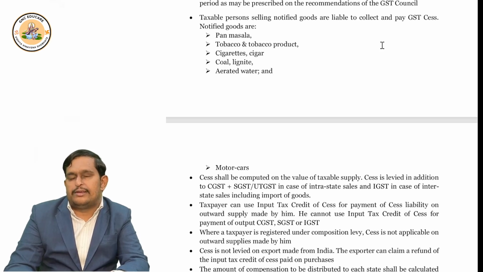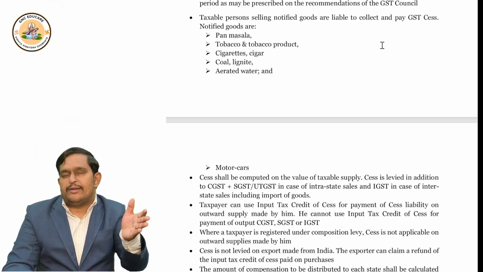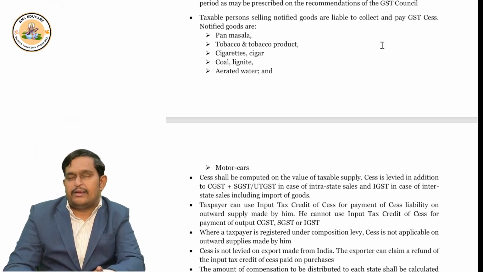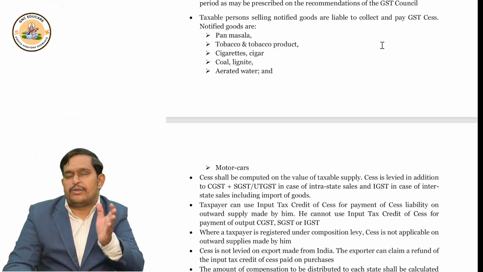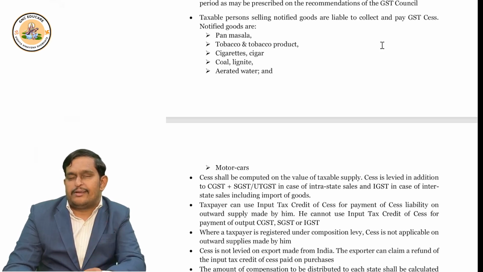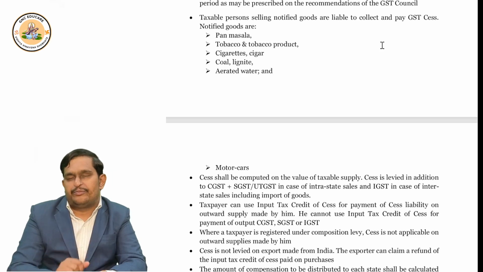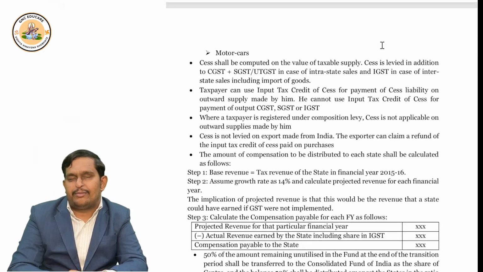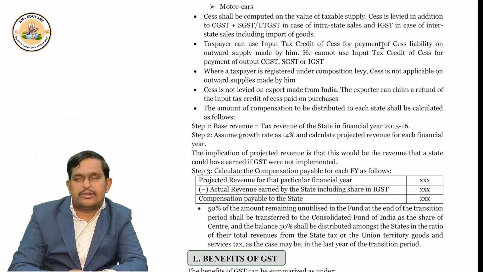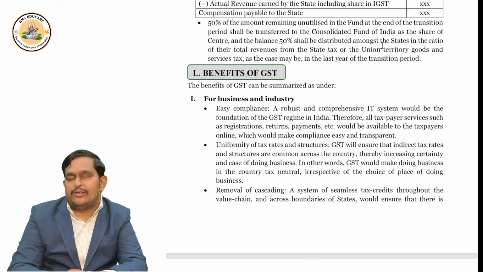Now how to compute it? Okay, we understood that input tax credit can be claimed. We understood that on the composition scheme or on exports, this is not applicable. Fine. But to whomever it is applicable, how to compute, how to adjust, how to reduce the tax? Let us discuss. First thing, I'll tell you: in 2015-16, what was the revenue to the states?